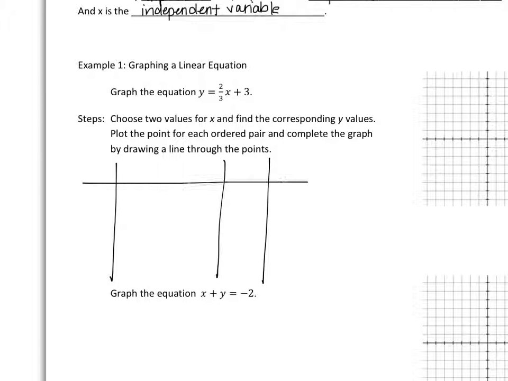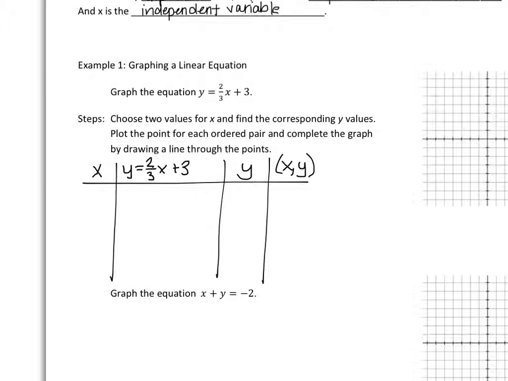I'm going to have 4 columns. First one will be x. The next one is where we're going to do our work and plug x in, which will give us y, which we'll put together, and we'll get our coordinate x, y. And for linear equations, since they're straight lines, we really just need 2 points, and then we can draw a straight line through them.